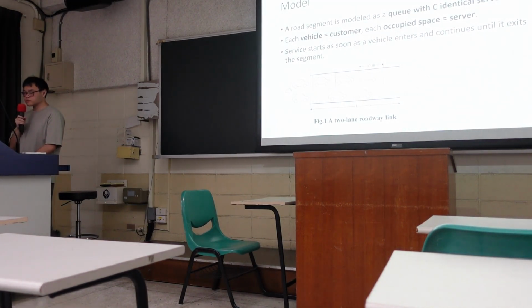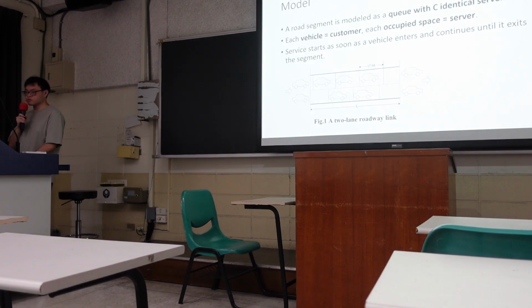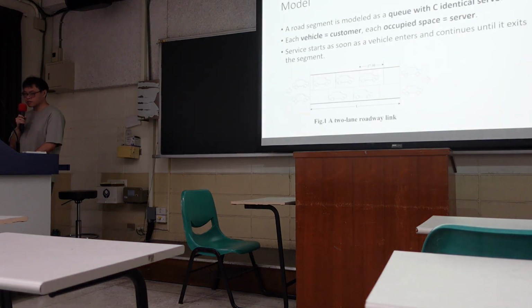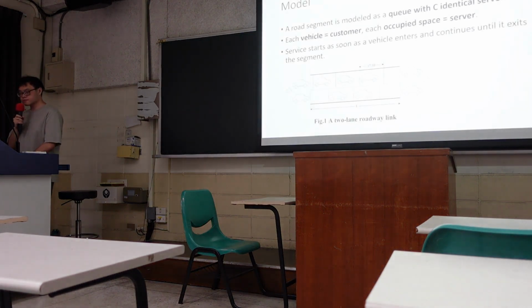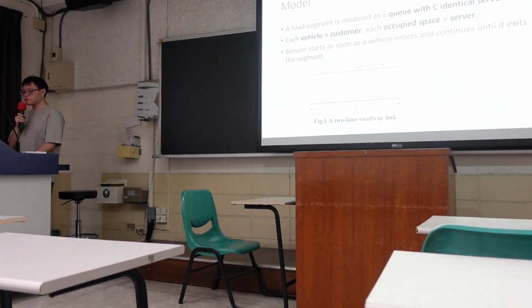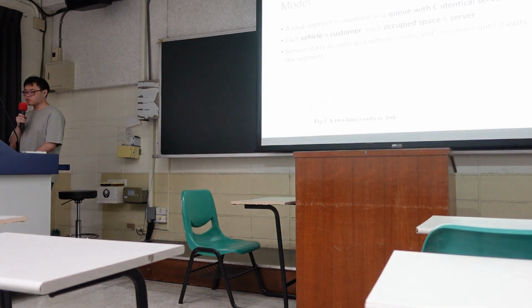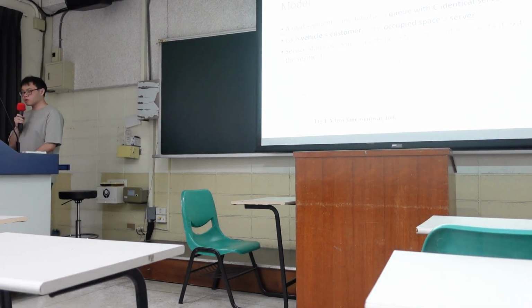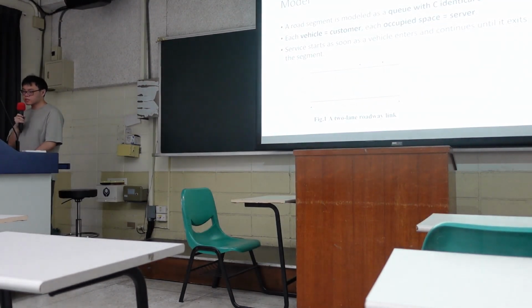This corresponds to the car starting to travel through the road. And the service is considered complete when the vehicle exits the segment. As shown in the figure below, we model this using a tilted roadway stick, where the length of the road and the number of vehicles determine the total service.